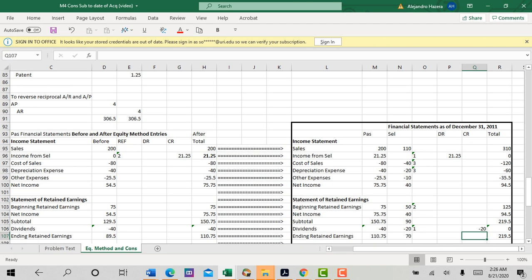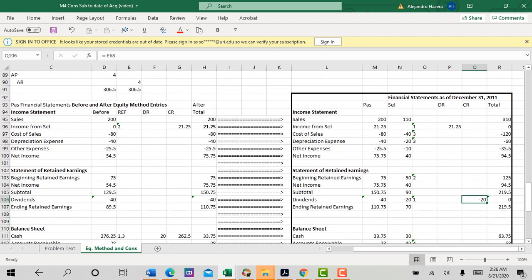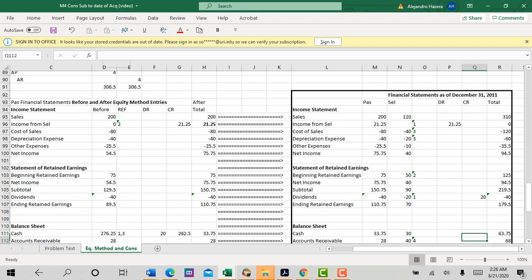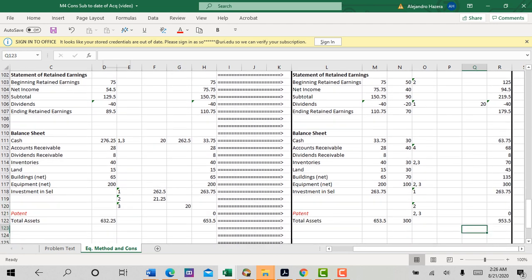For 20. Okay, that looks okay. And the difference is going to be credited to the investment account, which is this entry right here.